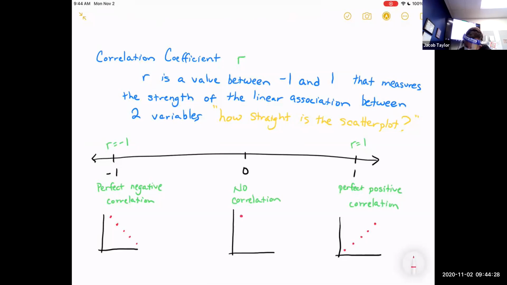And no correlation means they're not in a line at all. Could be completely scattered, or instead of being completely scattered, they could be just in a shape that's not a line. For example, if it was in a U shape, that would also have no linear correlation.